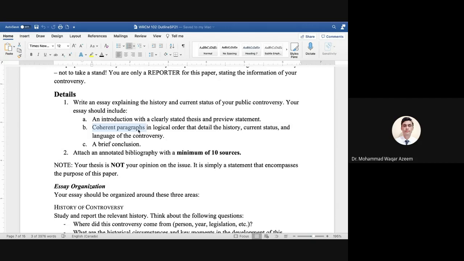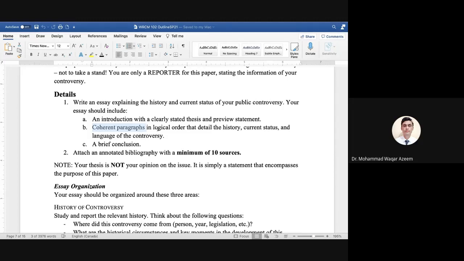What kind of paragraph is a well-structured paragraph? A well-structured paragraph is one which has a topic sentence, supporting details for that topic sentence, and a concluding statement as well. That kind of paragraph is called a well-structured paragraph or coherent paragraph.